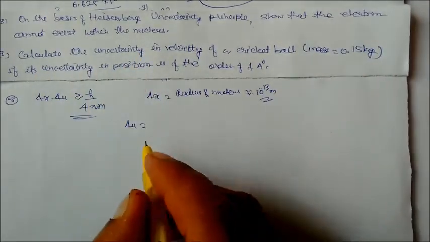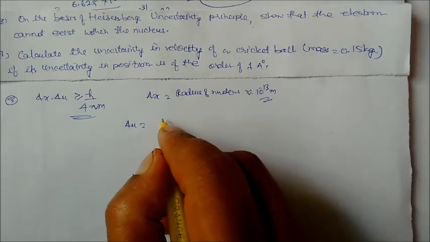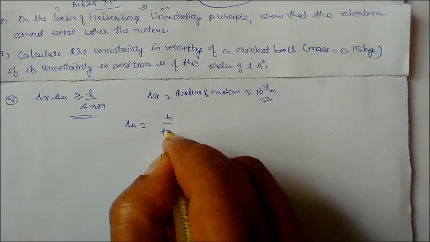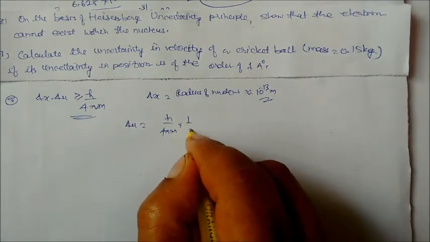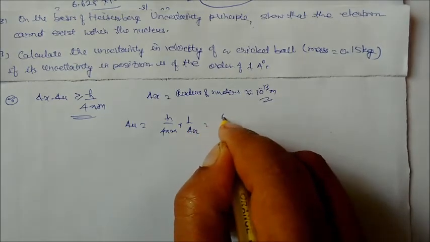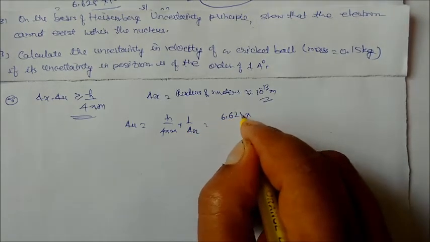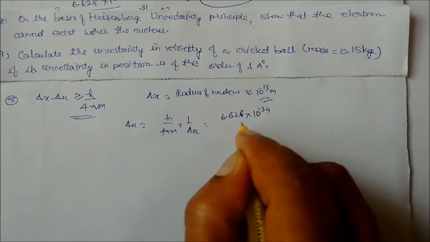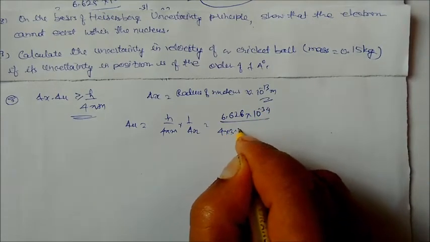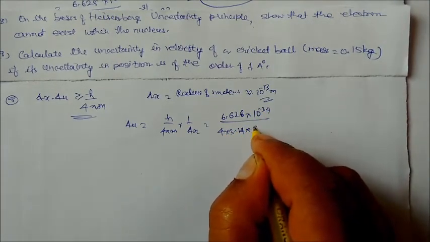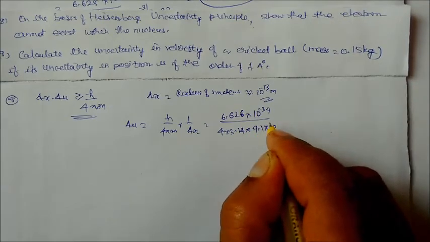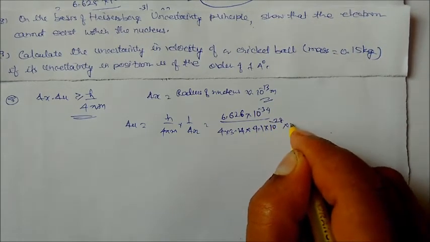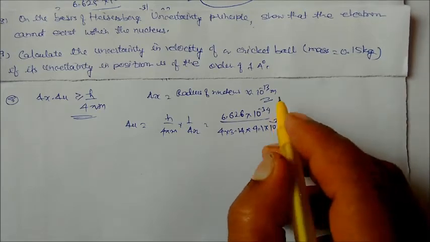So delta u of the electron will be h by 4 pi m into 1 by delta x. So here 6.626 into 10 power minus 34 divided by 4 into 3.14 multiplied by 9.1 into 10 to the power minus 28 multiplied by 10 to the power minus 13 meter.